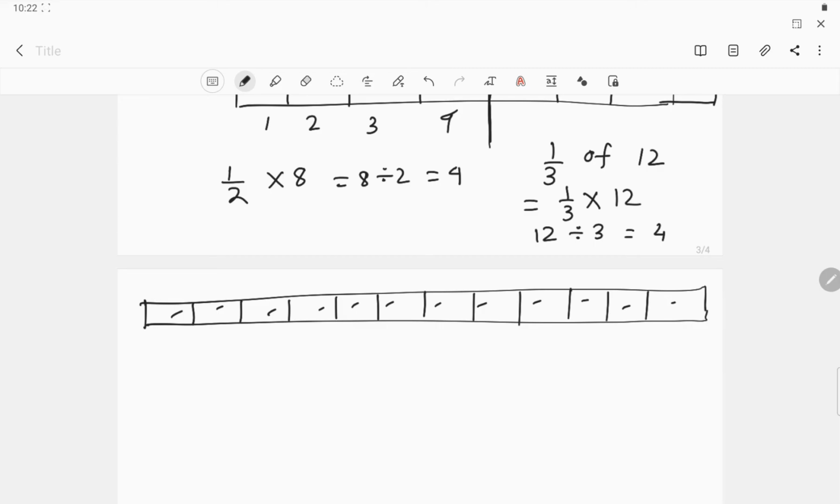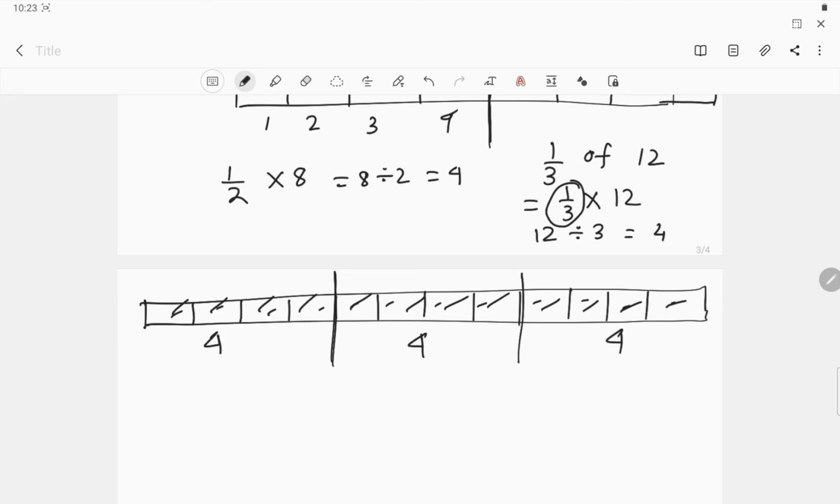1/3 of 12 means you have to divide into equal portions, 4 equal portions. So 1, 2, 3, 4. Cut them. 1, 2, 3, 4. Cut them. 1, 2, 3, 4. You can check, there are 4 portions in each.